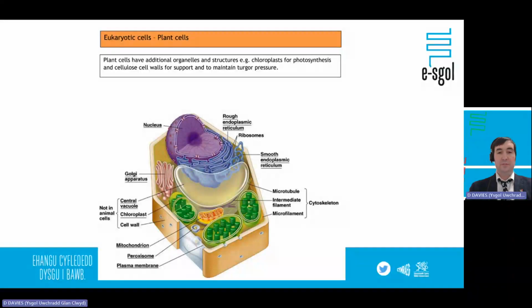And then you have what I mentioned before, your vacuole. Your central vacuole that is large and permanent, and that will shrink or swell depending on the osmotic potential of the cell, and we'll talk about osmotic potential in another video.